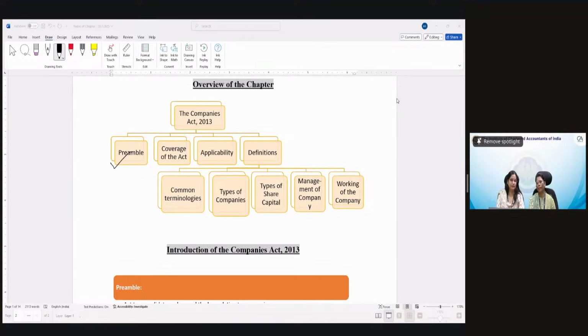You might have come across the title, the Companies Amendment Act, either 2019, or it may be 2020 or 2021. So what does it mean? Is it the act? If it is an act, what about the Companies Act 2013 in that case?